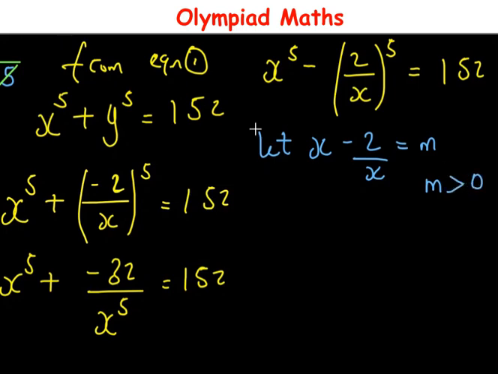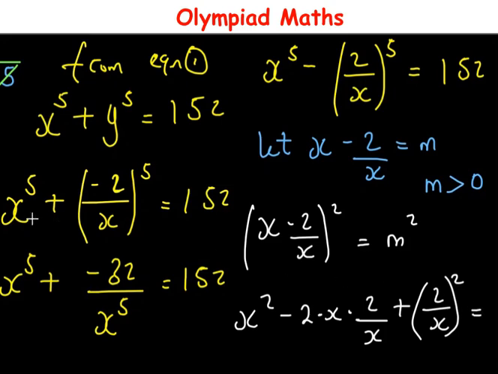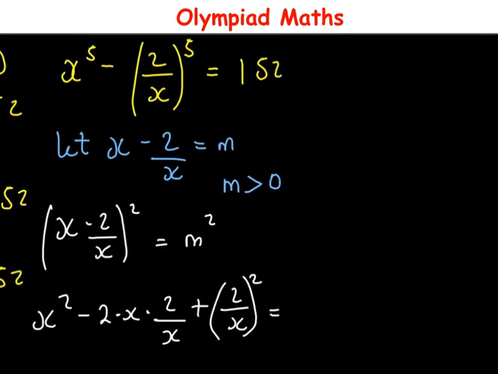If we square this equation, we have in bracket x minus 2 over x all squared equal to m squared. Expanding, we have x squared minus 2 times x times 2 over x plus, in bracket, 2 over x all squared, equal to m squared.